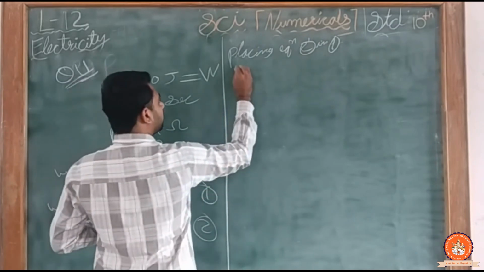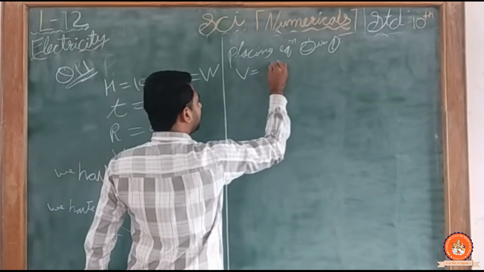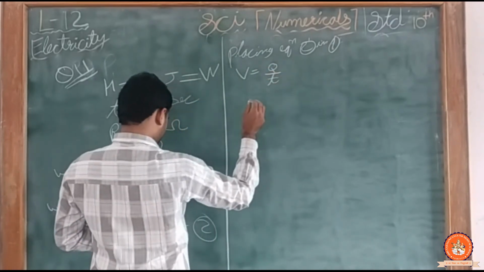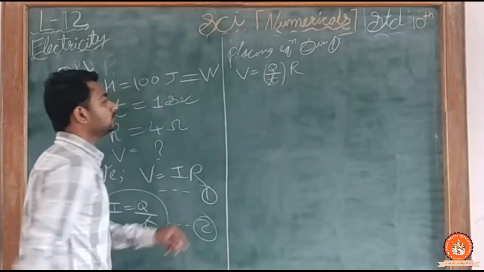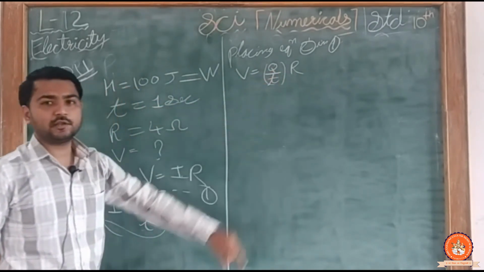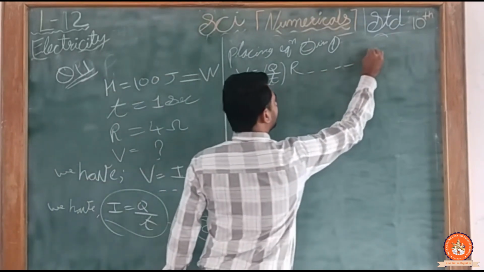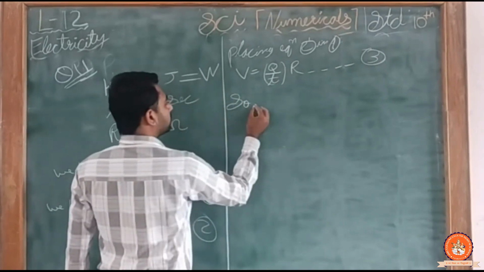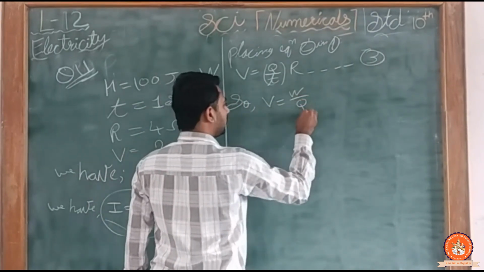So V is equal to, in place of I I can write Q by T, and R in place of R. Now I have the value of T, I have the value of R, but I don't have the value of Q. So this is my equation 3. Okay, so V is equal to W by Q. We have the formula.